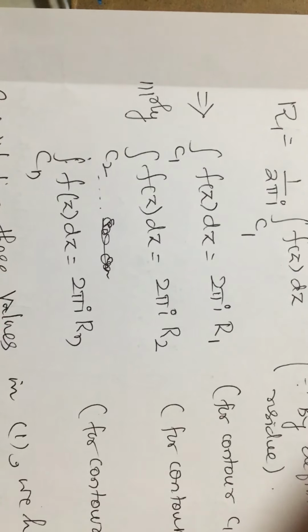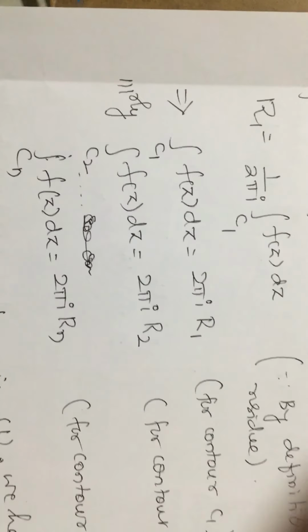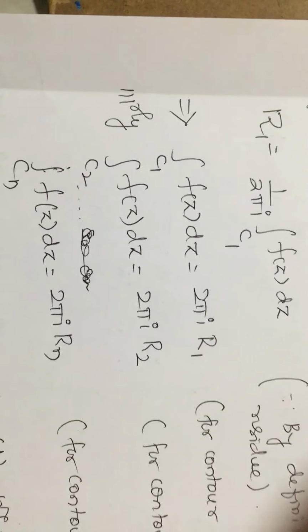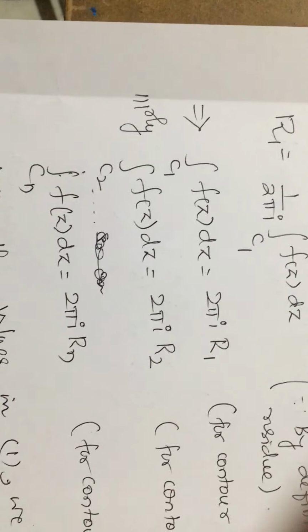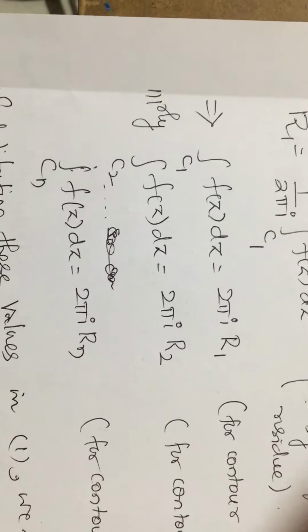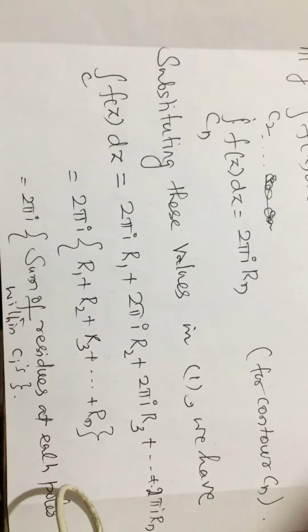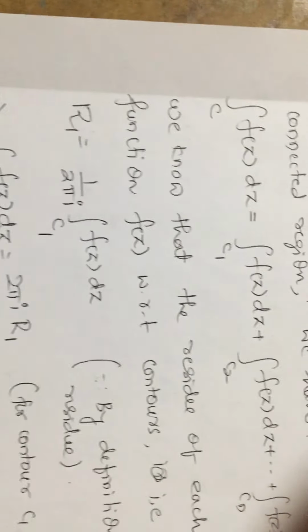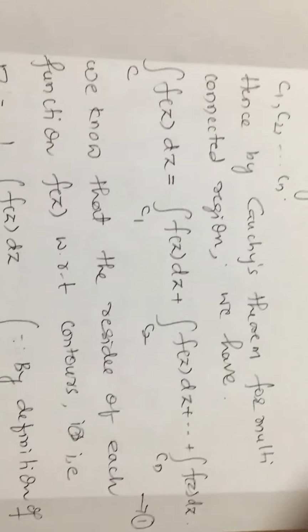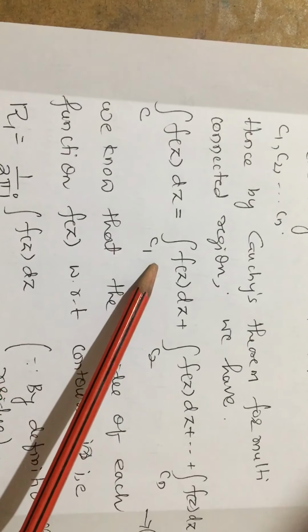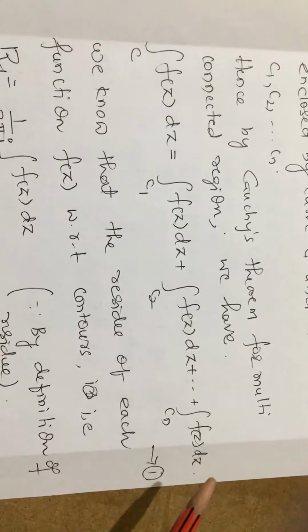Similarly, we can go up to C3, C4, and so on, up to the nth contour, where the integral over Cn of f(z) is given by 2 pi i rn. Substituting all these values in equation 1. The equation 1 is what? This first one is equation 1. So I have to substitute the values of these into it.